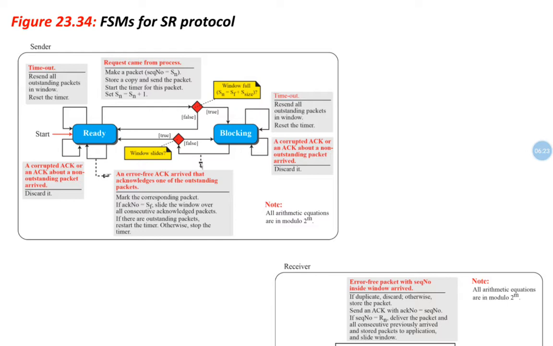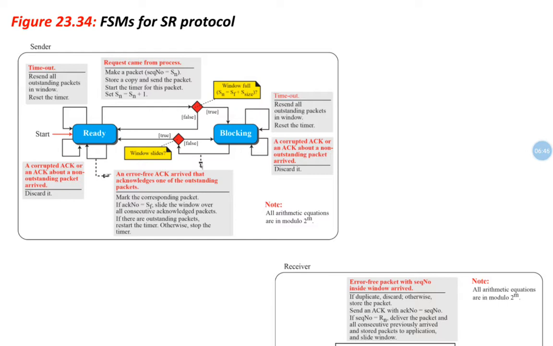Third one, if a corrupted acknowledgement, or an error-free acknowledgement with the acknowledgement number not related to an outstanding packet, arrives, it is discarded. And the fourth one, if a timeout occurs, the sender resends all the unacknowledged packets in the window and restarts the timer.